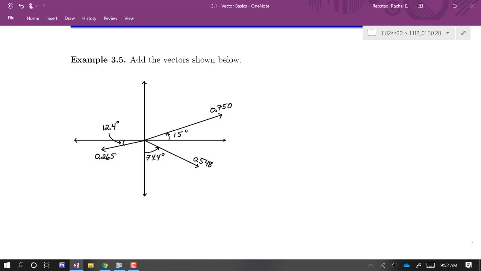So this third quadrant vector, I'll call that theta 2. I'll call this V1, V2, V3. And what is the angle for the second vector? What is theta 2?